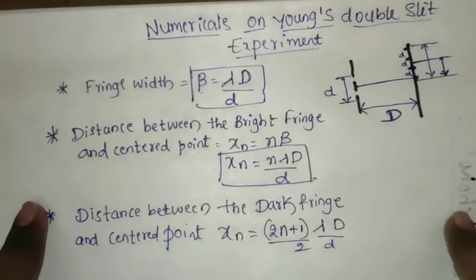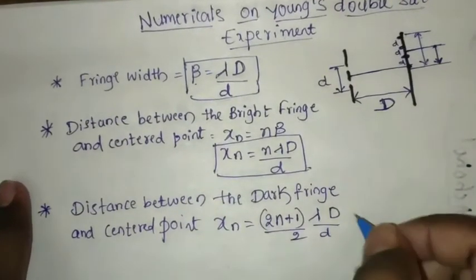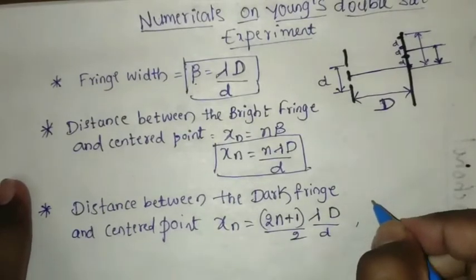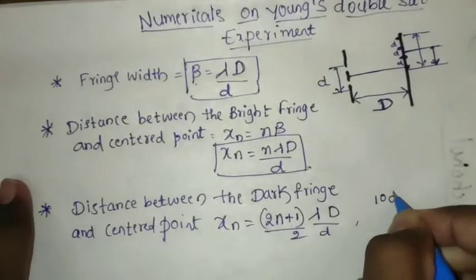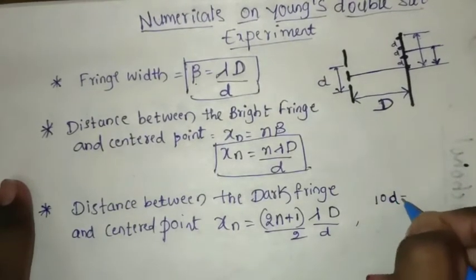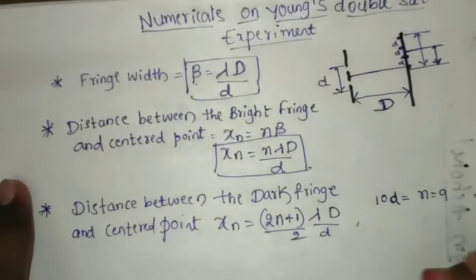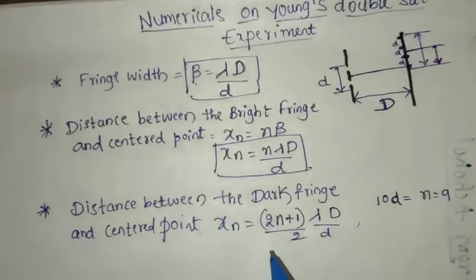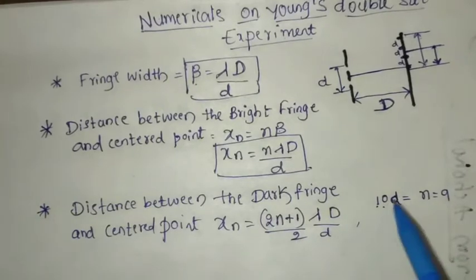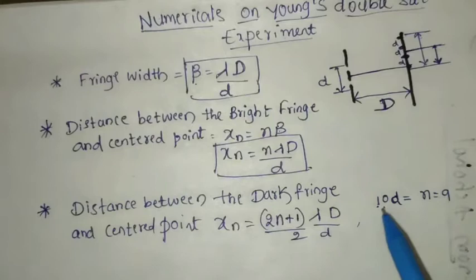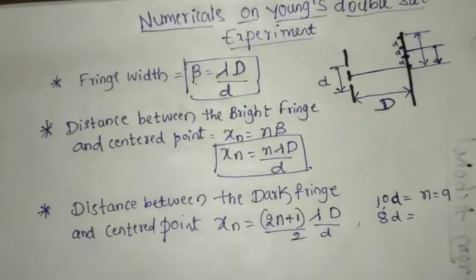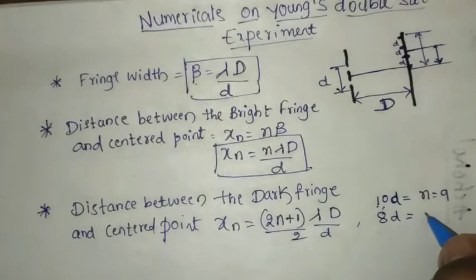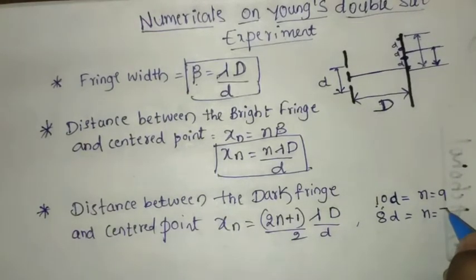If they ask for the distance between the 10th dark fringe and the central point, the n value becomes 9. With the formula 2n plus 1, we have to subtract 1 from the given dark fringe number. If they ask for the 8th dark fringe, n becomes 7, like that.